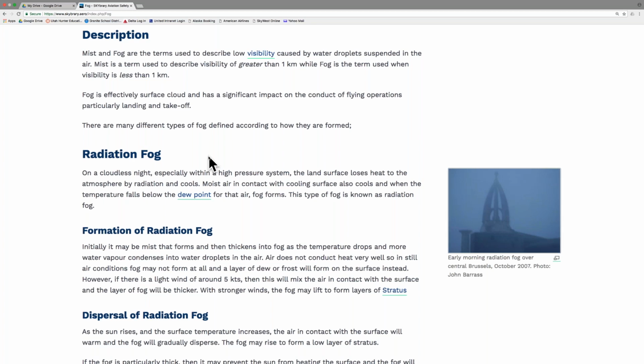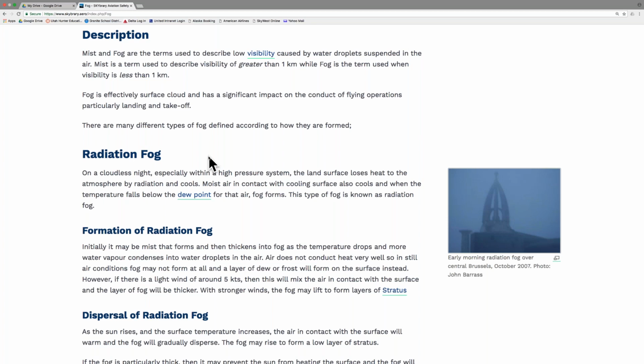Some of the areas of the United States that we get a lot of fog on a regular basis, like LA and San Francisco. Seattle gets it too, but we'll go over the different types of fog here. I want you guys to take notes as to how that type of fog is created.